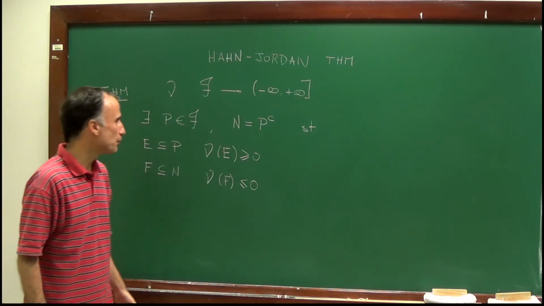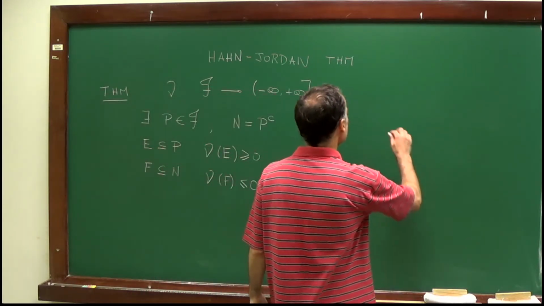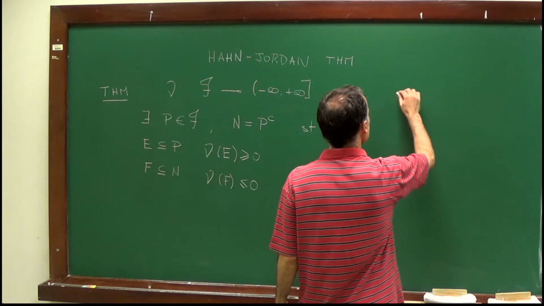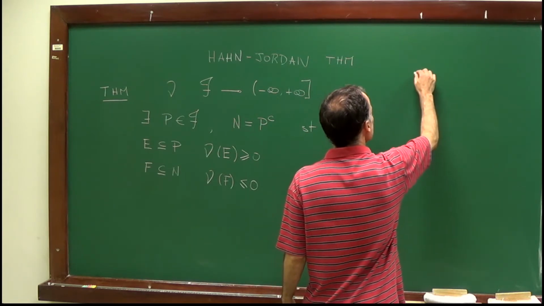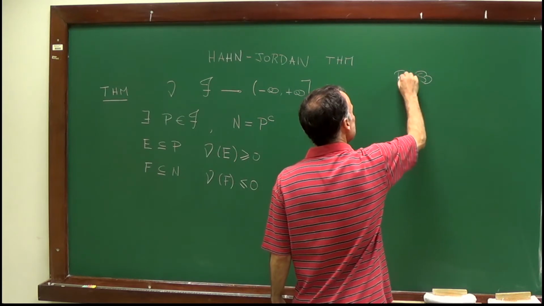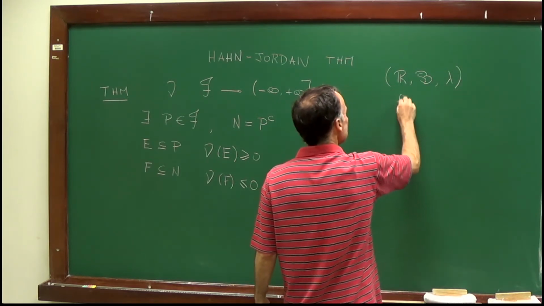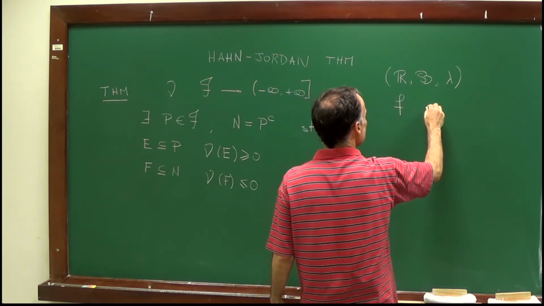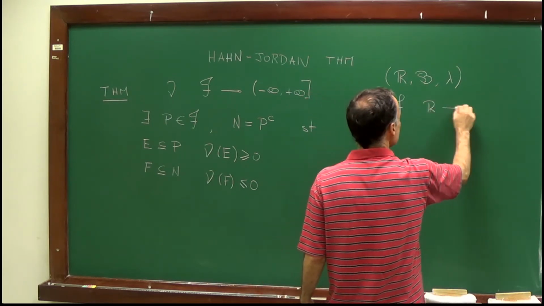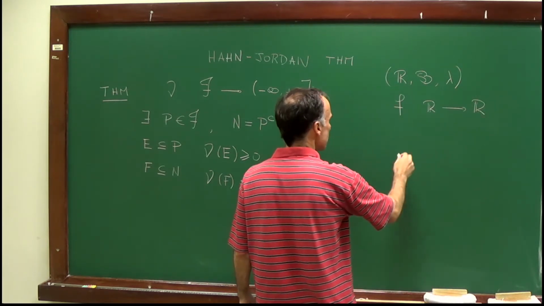So just to fix this point, consider that you are working, say, in the Borel sets of the line, and you take the Lebesgue measure. Now you take a function f, which is defined on R and takes real values. And let's say that it's continuous.